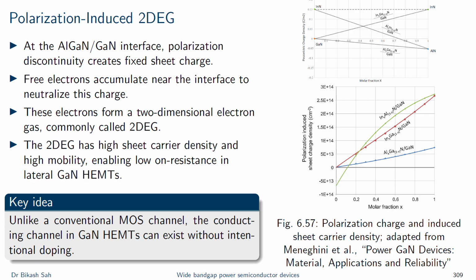These electrons form the two-dimensional electron gas, or 2DEG. That's what we have been calling upon. It is called two-dimensional because the electrons are strongly confined in the vertical direction but move freely in the lateral direction. This gives us a high sheet carrier density and high mobility, which lead to low lateral channel resistance.